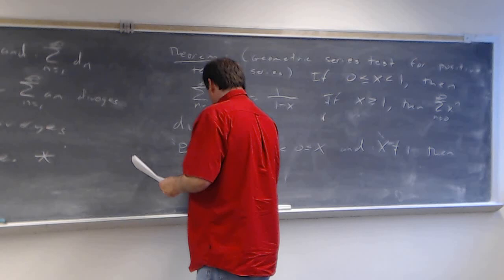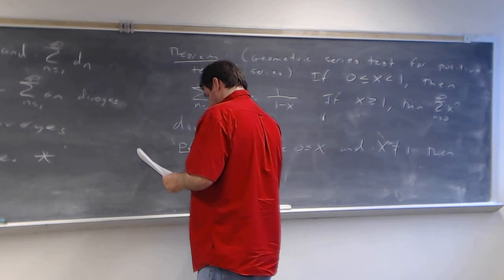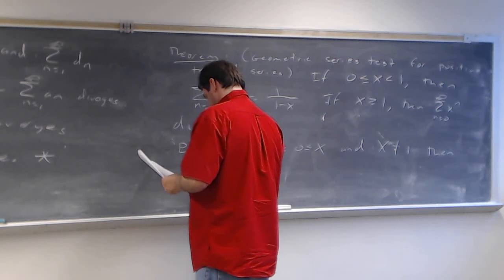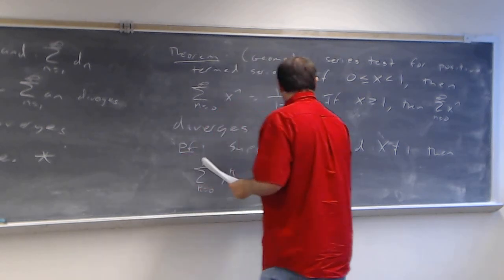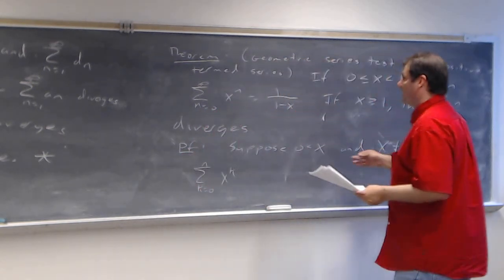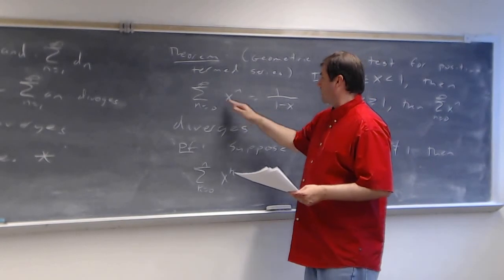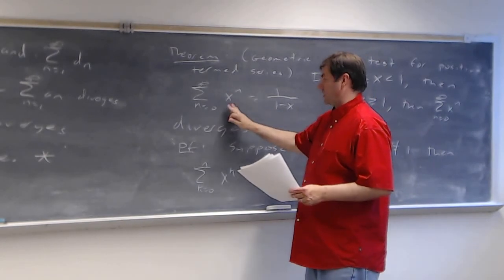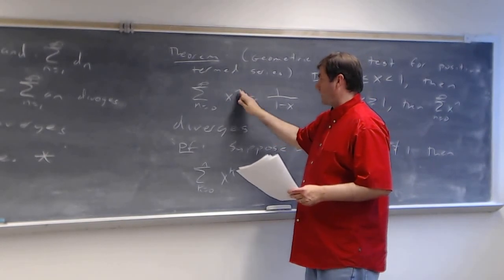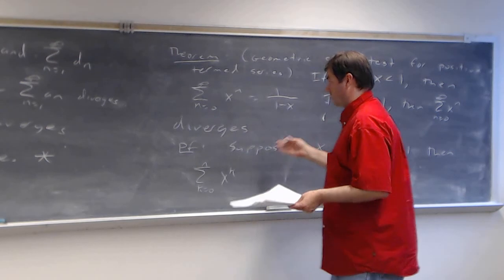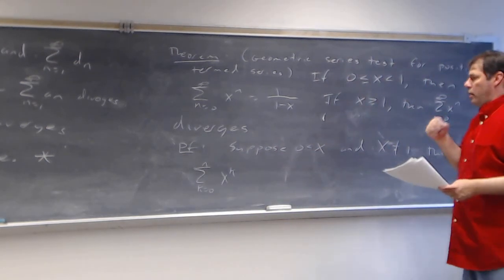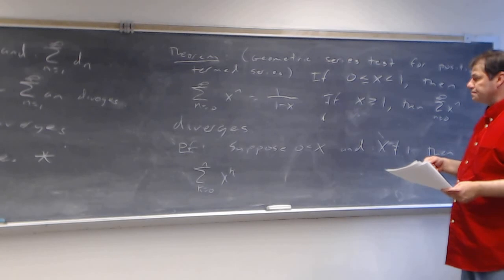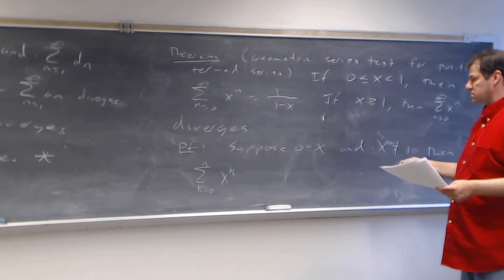Then, when we look at this sum as k runs from 0 to n of x to the k, if x is equal to 0 then we're just summing up a bunch of zeros here. We won't worry about 0 to the 0. Let's say it's 1, and we'll say that's fine.